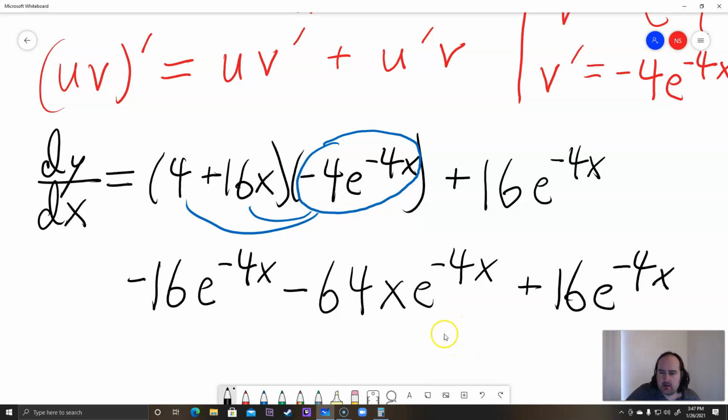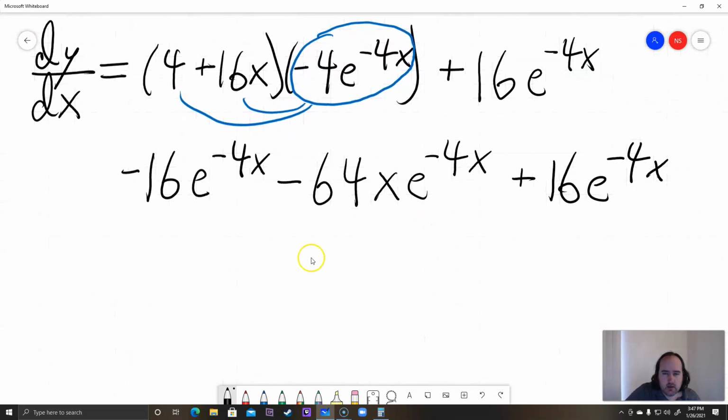Okay, so what we got here is a couple of like terms. We can see that the first term and the last term are both like terms because they have the same exact variable expression. So negative 16 e to the negative 4x and positive 16 e to the negative 4x, those cancel out because they're opposites.